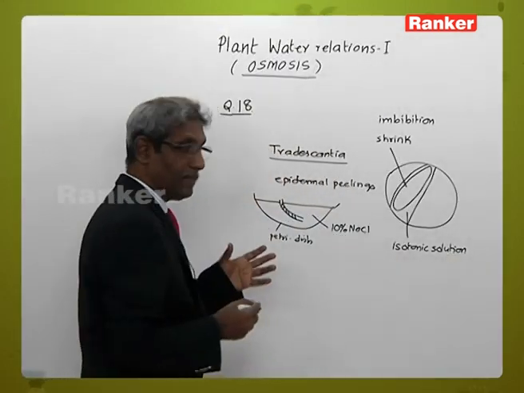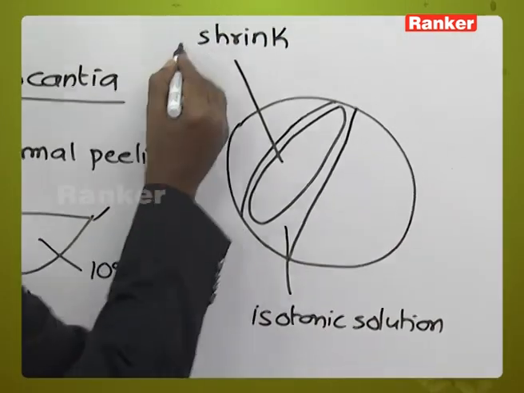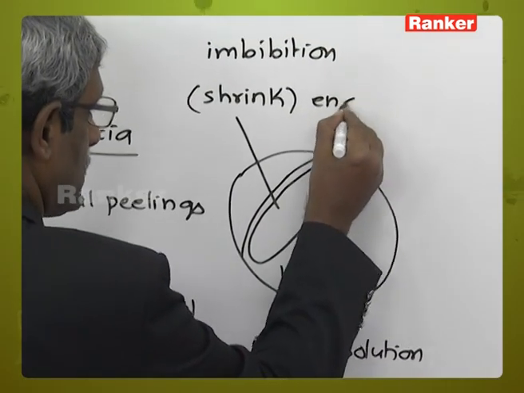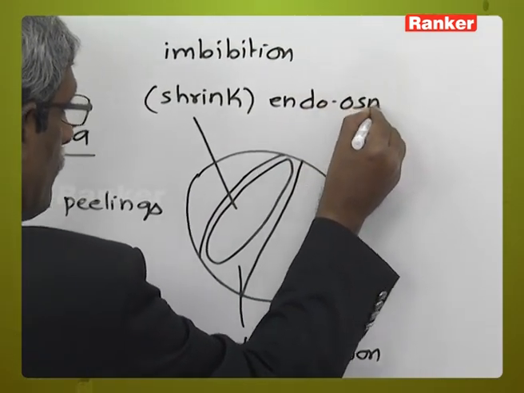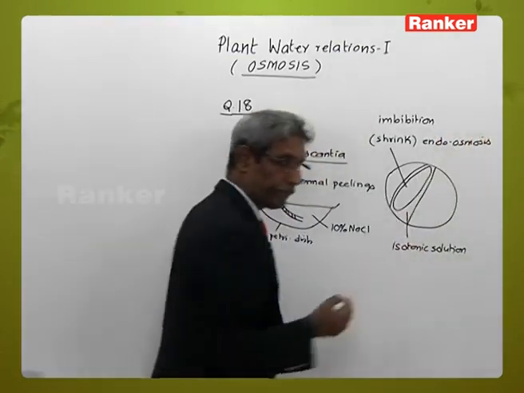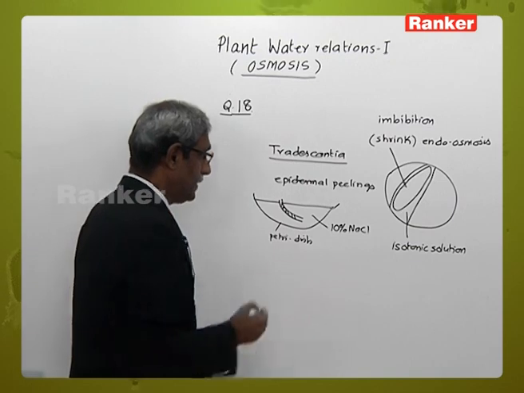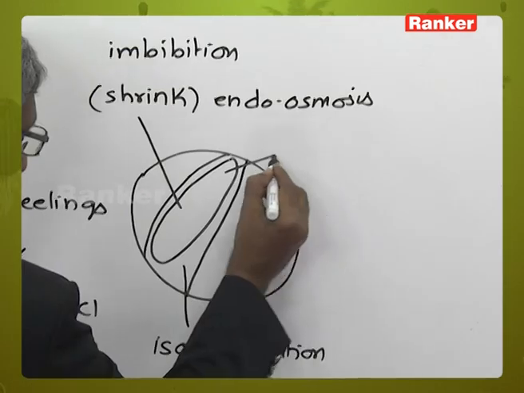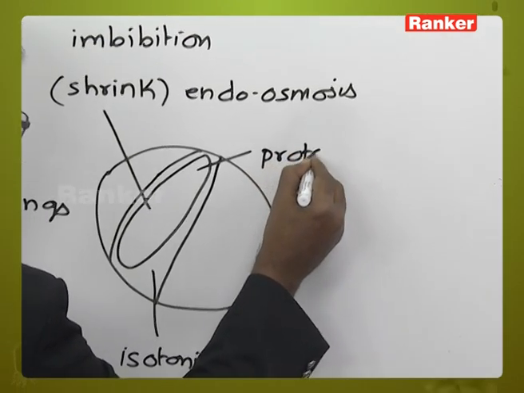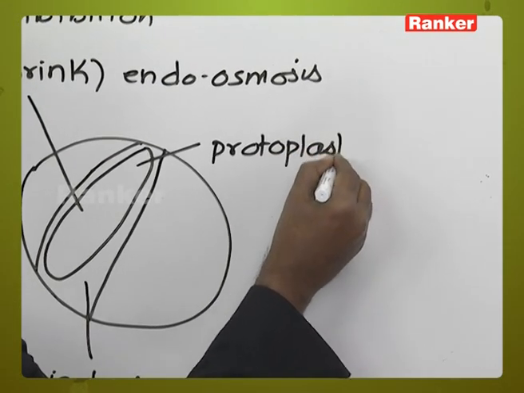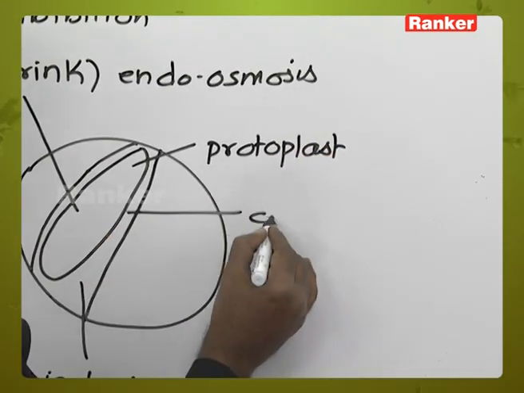So, surrounding a cell which has shrunken or which shows exosmosis, the cell shrinking is called exosmosis. There is the separation of the protoplast from the outside cell wall.